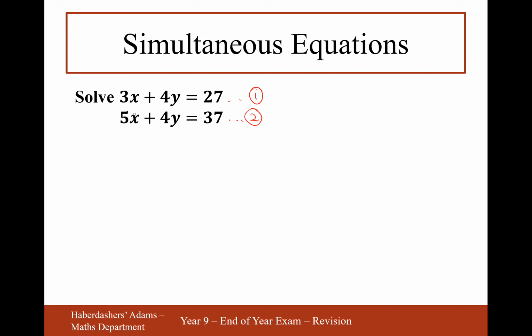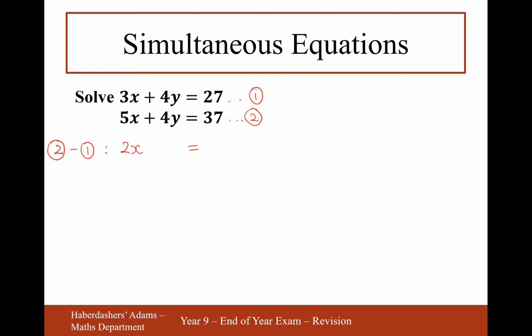I'll spot that the x is bigger in equation 2 than in equation 1. So in the columns, I'm going to take away equation 2 minus equation 1. 5x on equation 2 take away 3x on equation 1 will be 2x. 4y take away 4y will be nothing, and that's perfect.